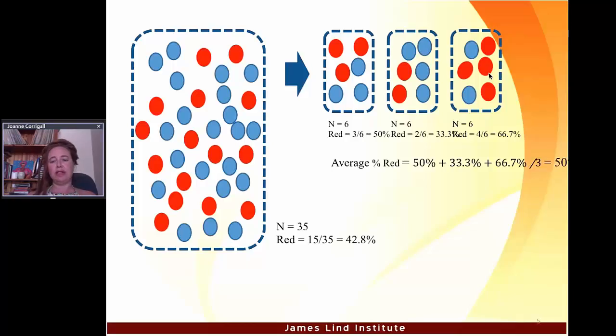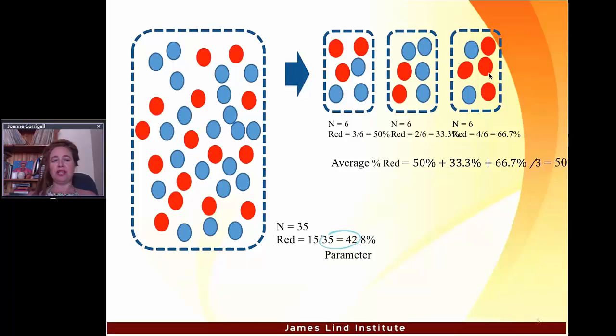We average all of those out, and we reach a prevalence of 50%. So you can see that it's not a very accurate way of measuring data, but we're forced to do this, and so we need to use statistics to enable us to get to the most accurate figure.